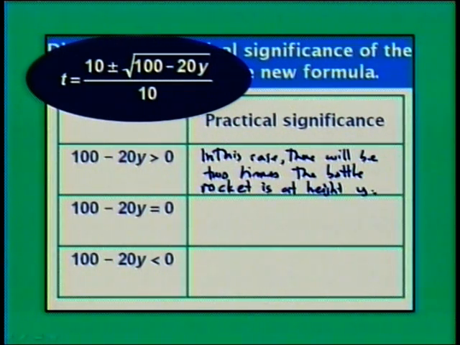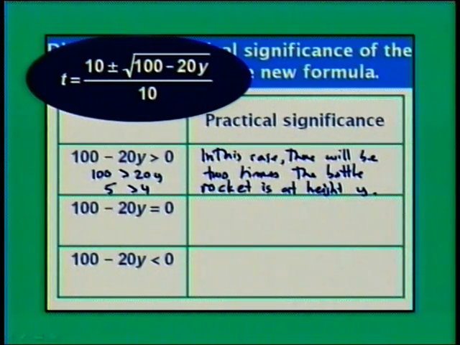Now what's the situation here? Well, if I solve this inequality for y, I have 100 is greater than 20y, so y would have to be less than 5 meters. So as long as we're looking for the height of a bottle rocket below 5 meters, we're going to get 2 times that the rocket hits that height.